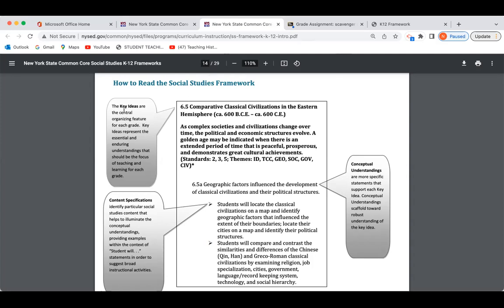So we start off with the key ideas. And in these key ideas, we have, in the example, 6.5 comparative classical civilizations in the Eastern Hemisphere. Then it gives a time frame, so we know we're talking about classical civilizations.